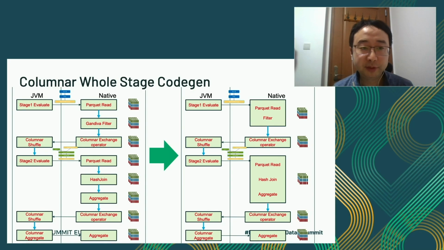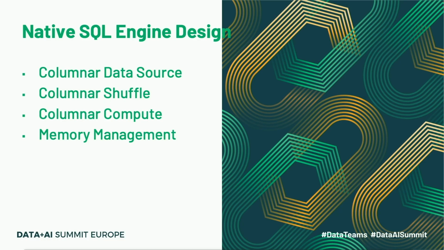Then we added the Columnar Whole-stage feature, like in the right picture. As you can see, we can group those joins and aggregates into one native operator so that the materialization overhead is removed. The performance is much better than the left picture. Okay, so let's go to the details here.